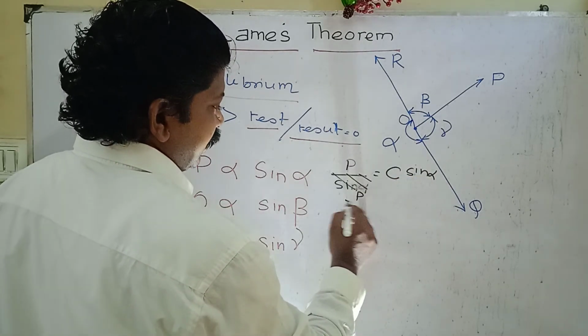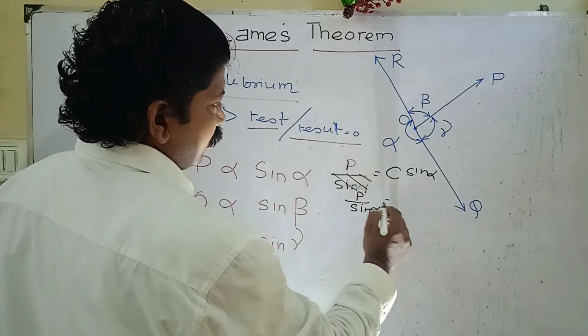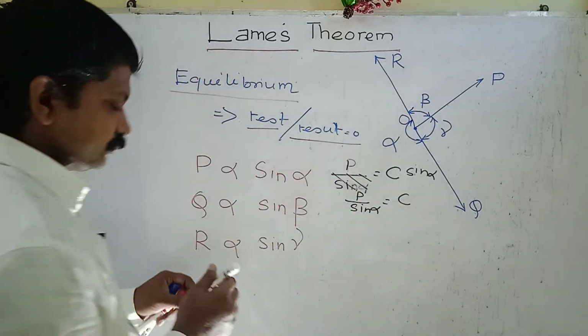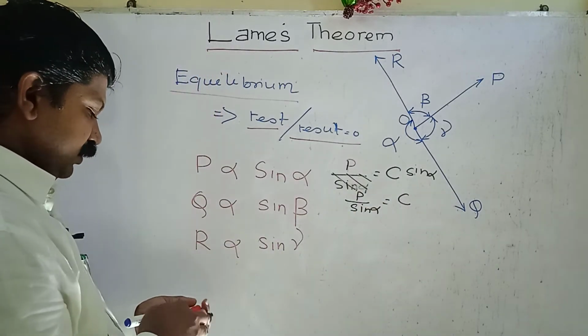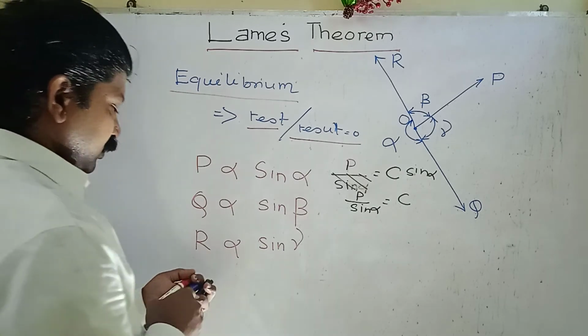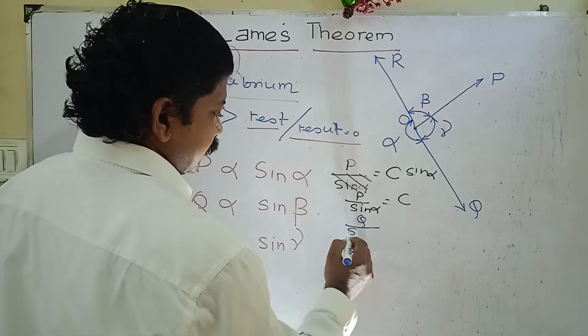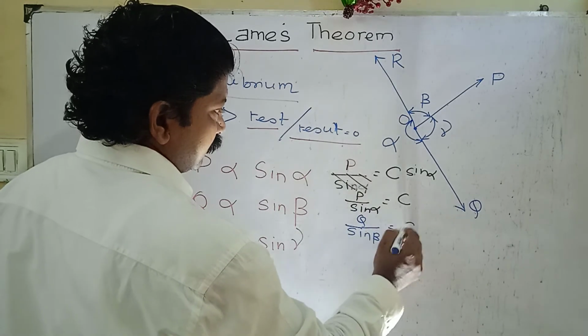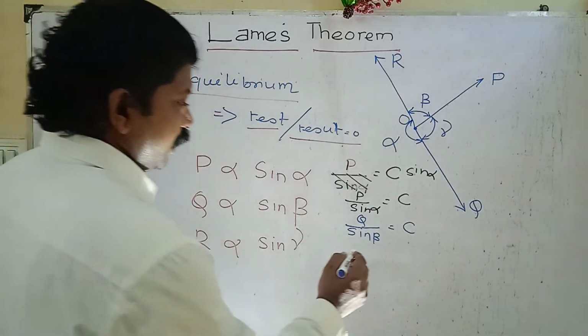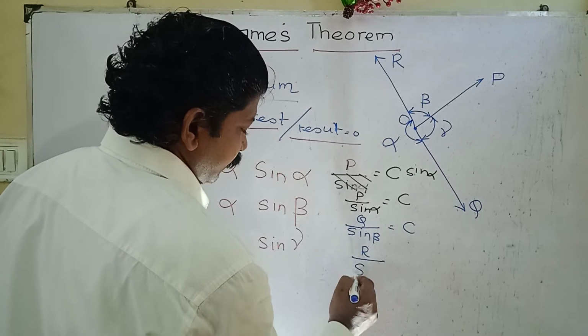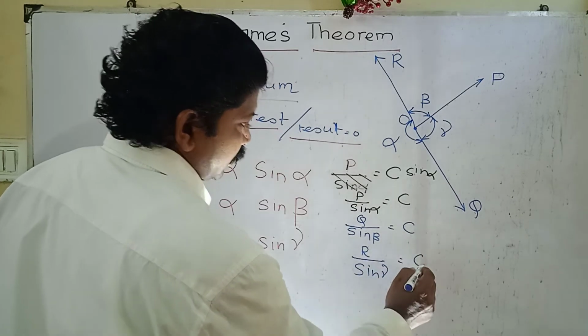So from that, P by sine alpha equal to constant. Similarly, Q by sine beta equal to constant. R by sine gamma equal to constant.